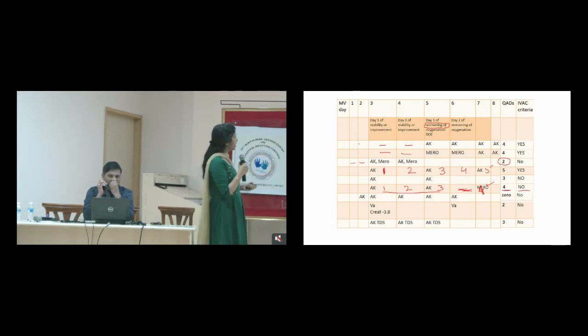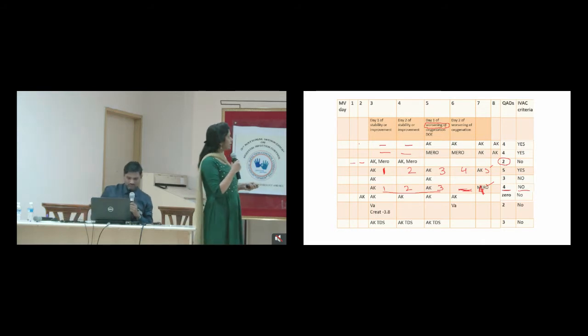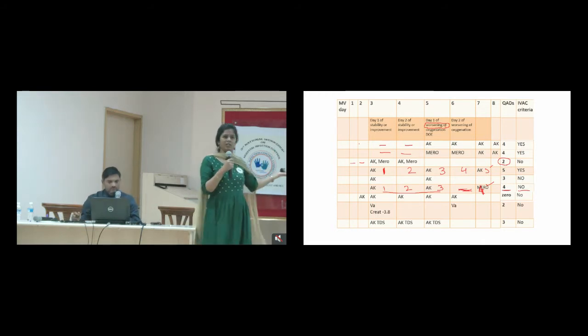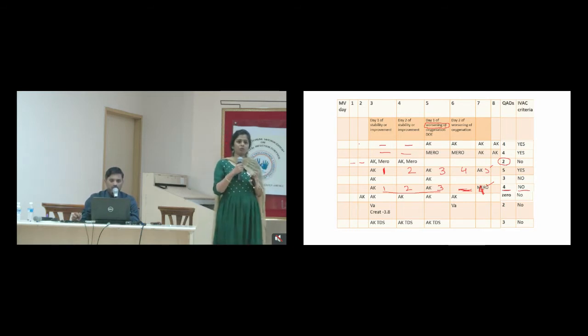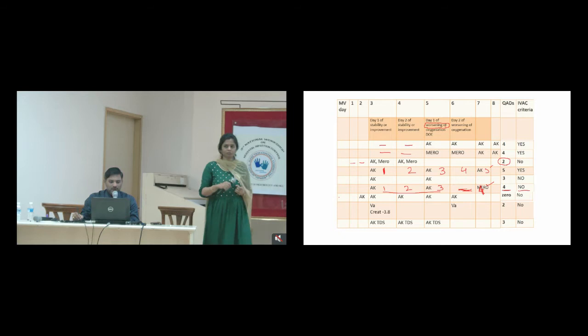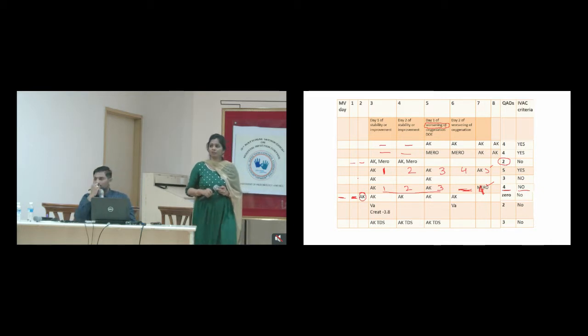You cannot consider this as a qualifying antimicrobial agent because it was given one day preceding, before the window period. In this example, 2 days before it is not given. This criteria is fulfilled, but it is started outside the window period, before the window period. So it is not fulfilled.